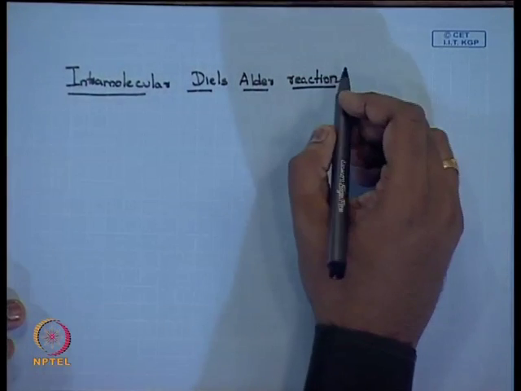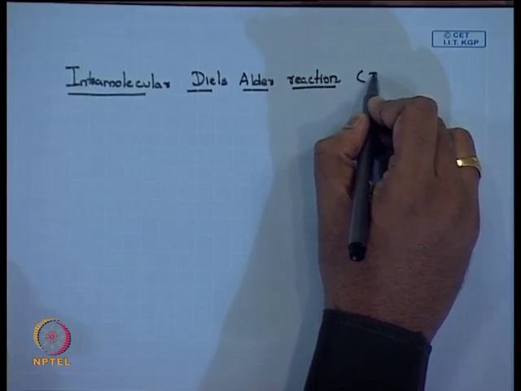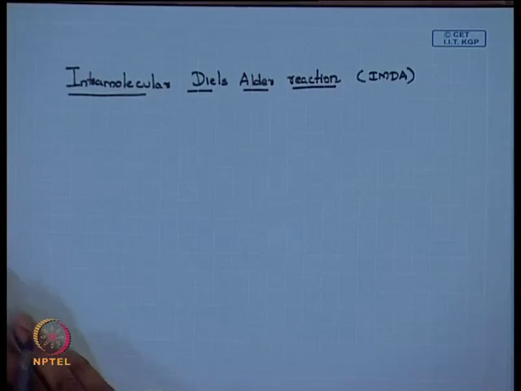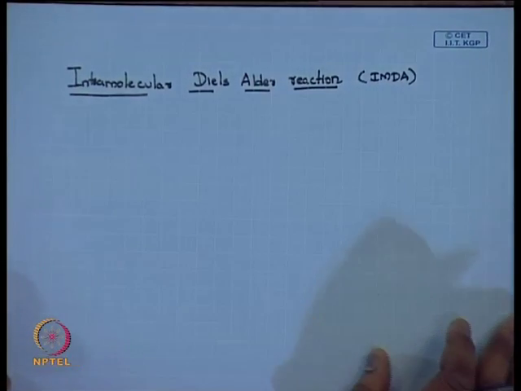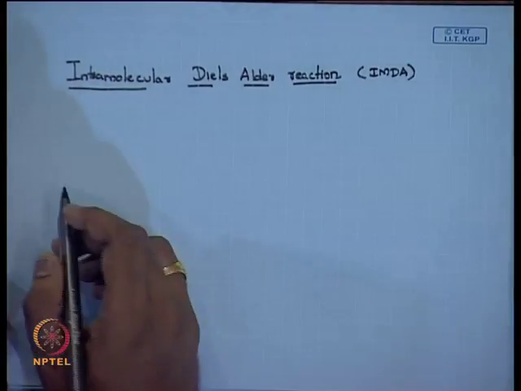We will call this simply IMDA, intramolecular Diels-Alder reactions. Okay. For example, we will take the simplest substrate and try to understand it in detail.